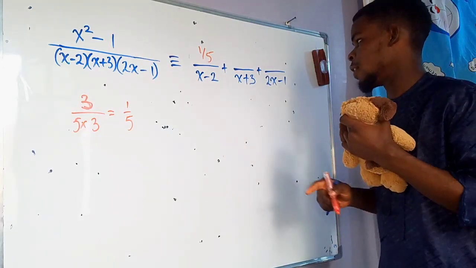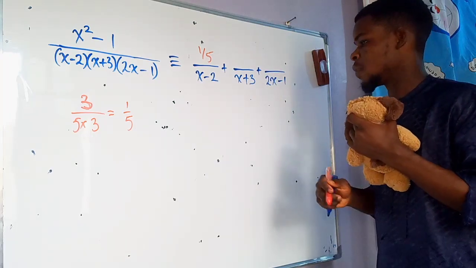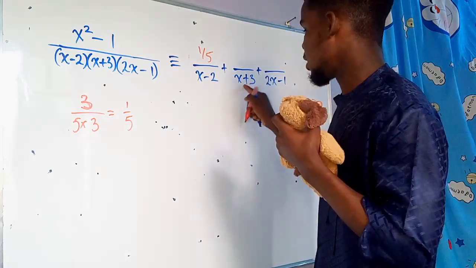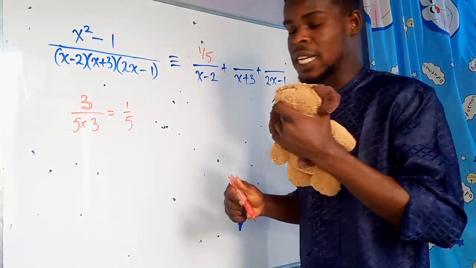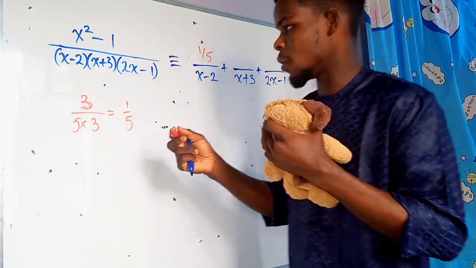We ask ourselves, what can we substitute for x to make this denominator 0? Well, if x is negative 3, this denominator will be 0. This is x plus 3, so we cover x plus 3 up and substitute x equals negative 3 in the other factors, wherever you find x.